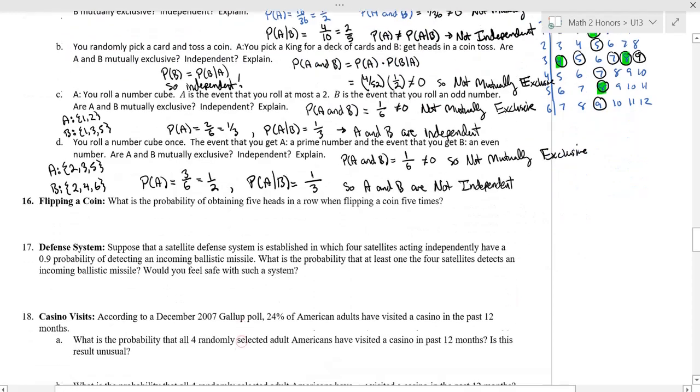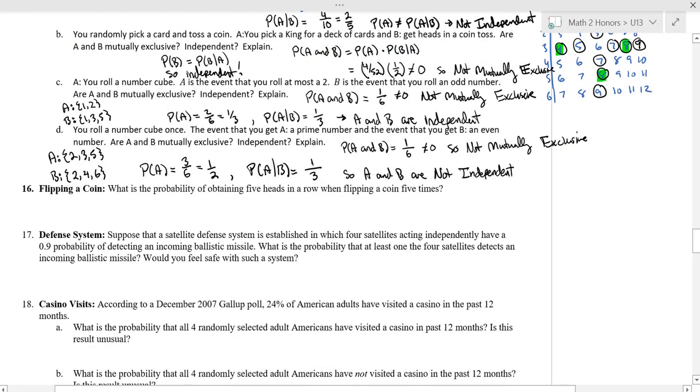Okay. 16. What's the probability of obtaining 5 heads in a row when flipping a coin 5 times? So the probability of 5 heads is going to be, well, the probability the first one's a head, 1/2, times the probability the second one's a head, and third, and fourth, and fifth.